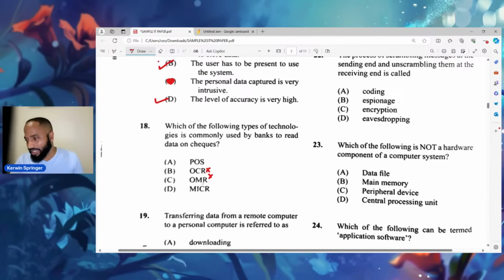This is character, this is magnetic. And what is the IT definition, what does POS stand for? Yeah, so I think it is MICR. Let me just make sure. They talk more about point of sale when they say POS.